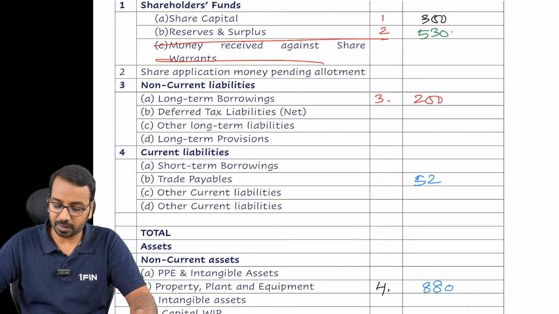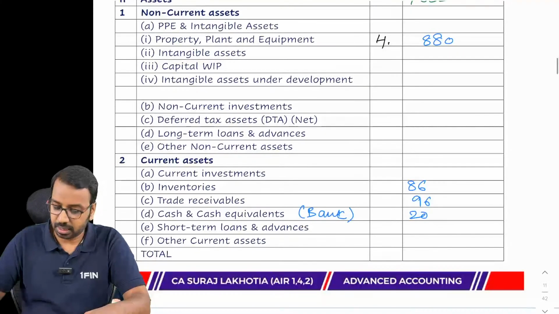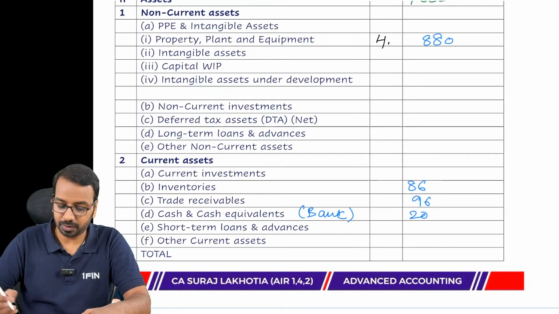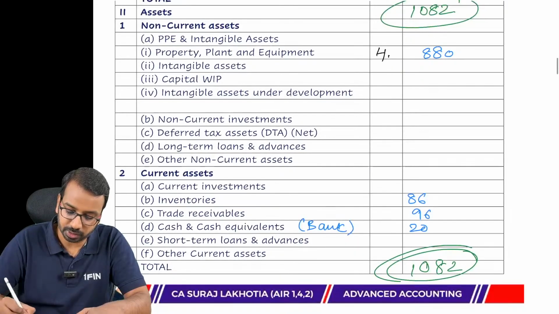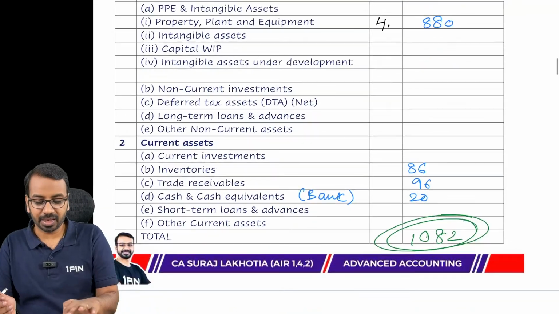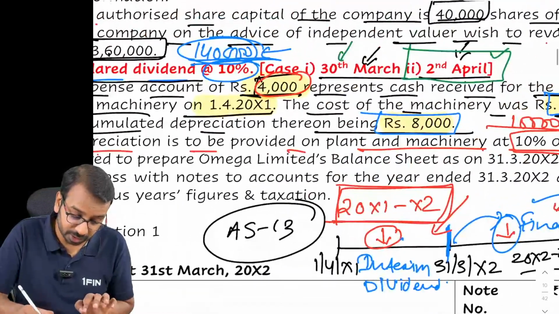So 300 plus 530 plus 200 plus 52, we get 1082. 880 plus 86 plus 96 plus 20, we get 1000... 1082, 1082. Done.